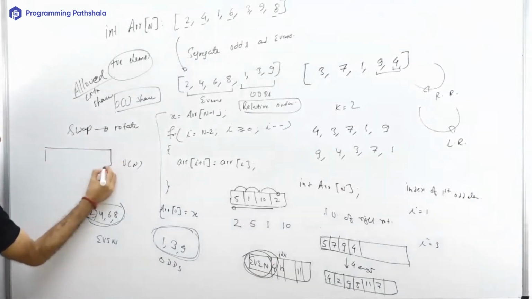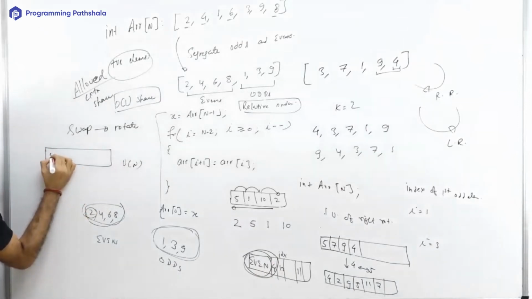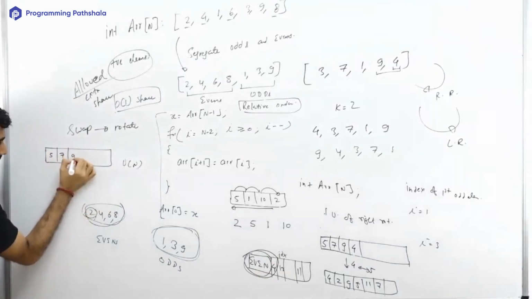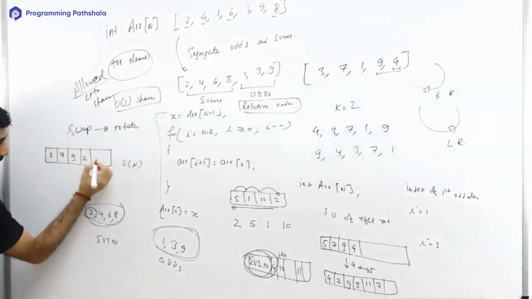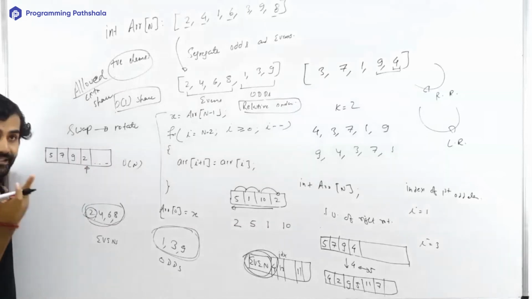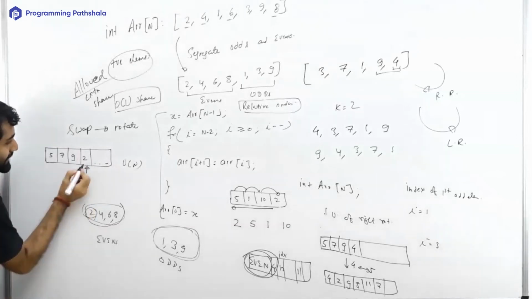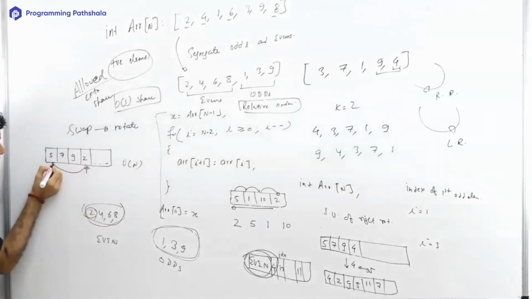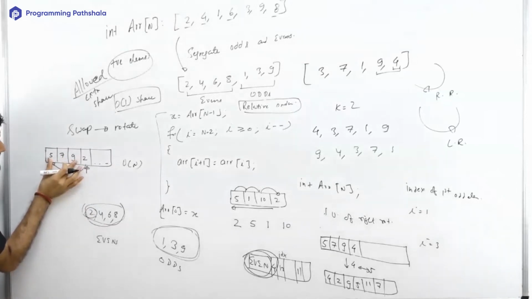Let's say you had an array where you first saw some odds and then you saw some even element, let's say 2. Now, once you are at this 2, what do you actually want? You want this 2 to somehow come over here and all these elements still maintain their relative order. So think of it in this manner.